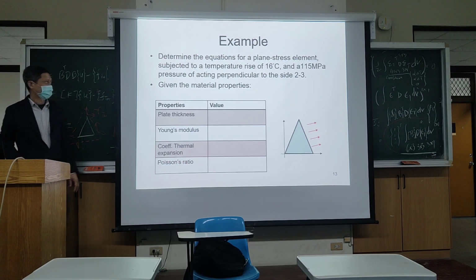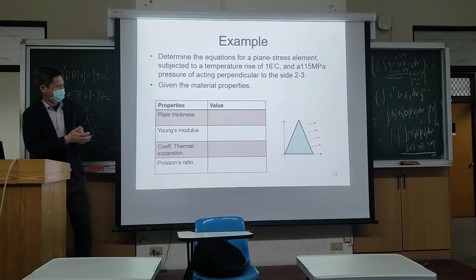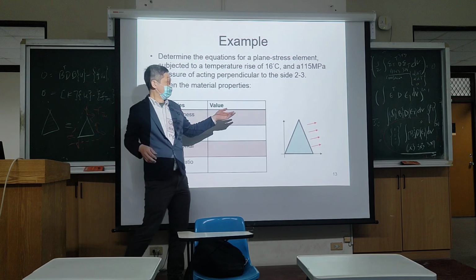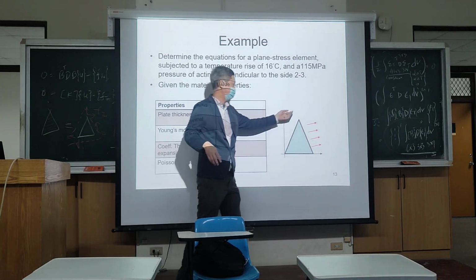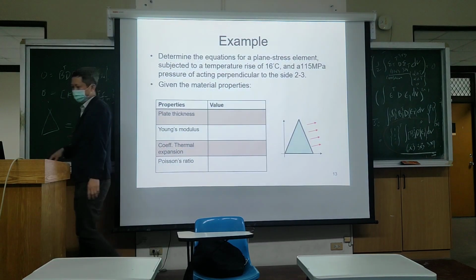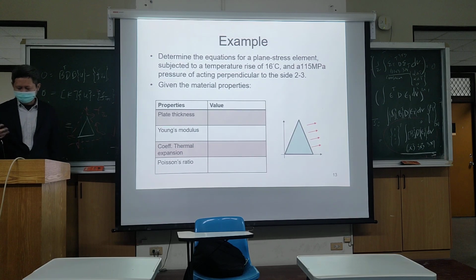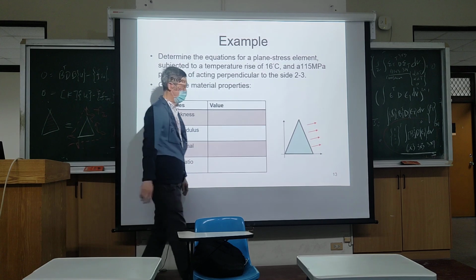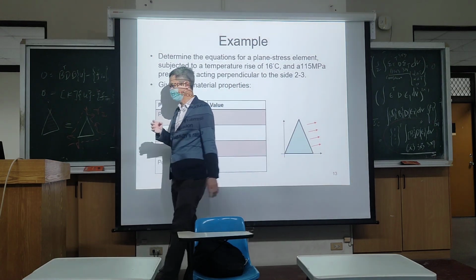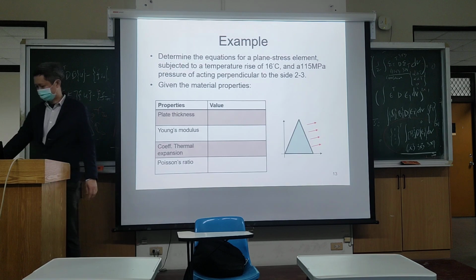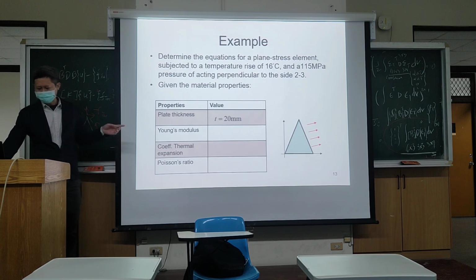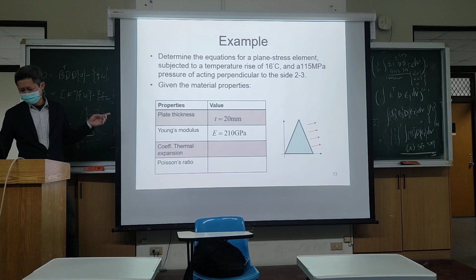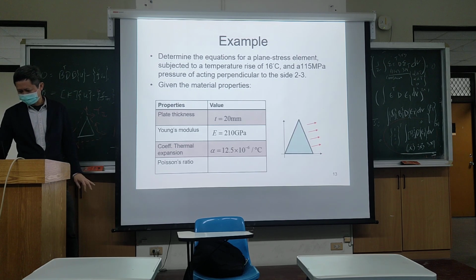Okay. So next, we're going to calculate the equivalent force for these triangle elements. But to make the thing complicated is, other than free thermal expansion, I now have one side subjected to pressure, okay, equal pressure. Okay, so this plate has a thickness T, it has a modulus E, and it has a thermal expansion coefficient 12.5 times 10 to the power of -6 per degree Celsius.